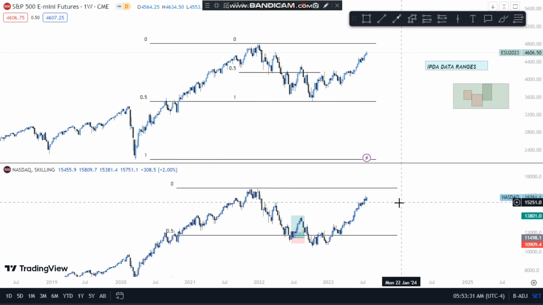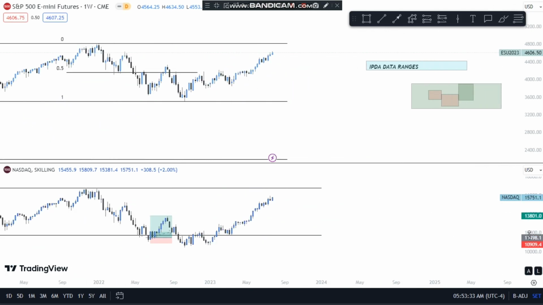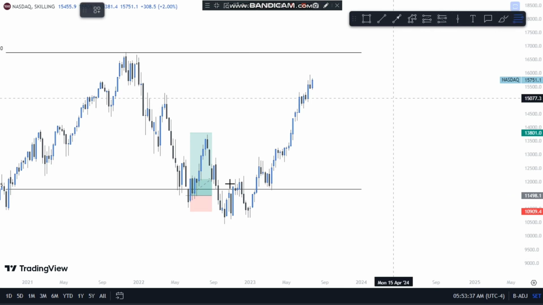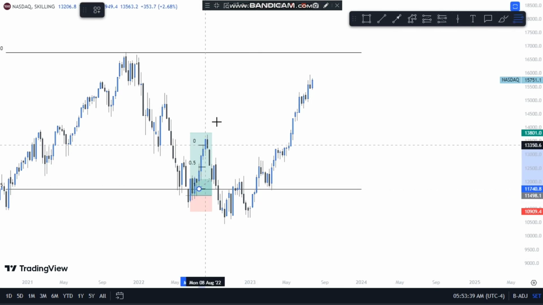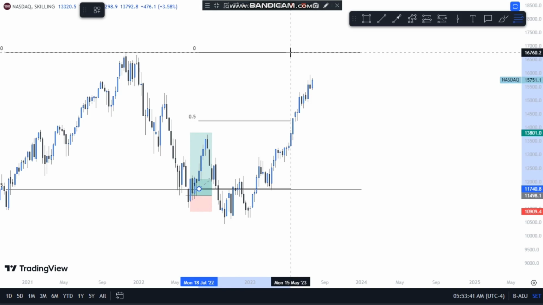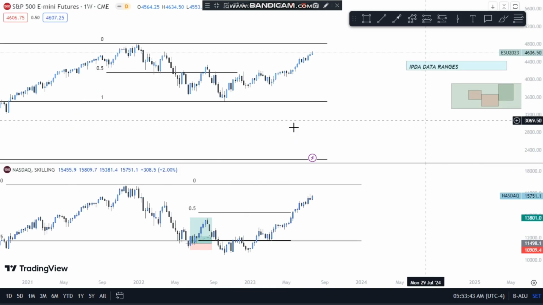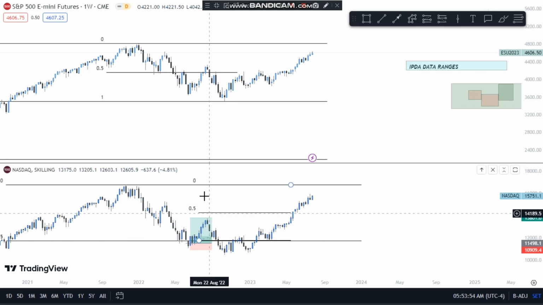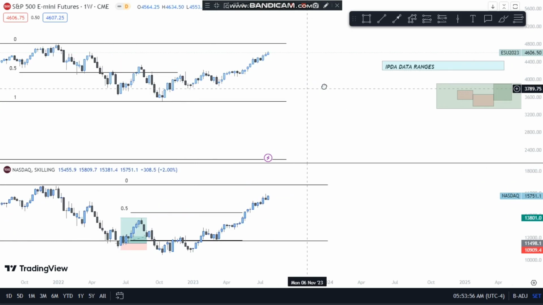Now I will draw the same line for the Nasdaq, from here to there. Now you can see that the S&P swept this 0.5 fib level, and you can see on Nasdaq it didn't. So this is the weekly chart.